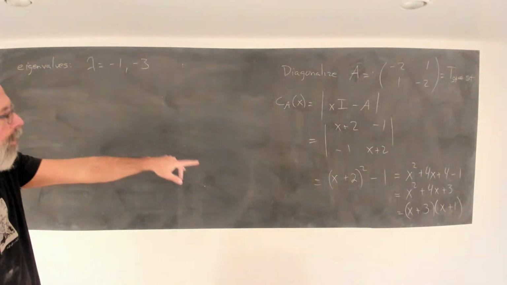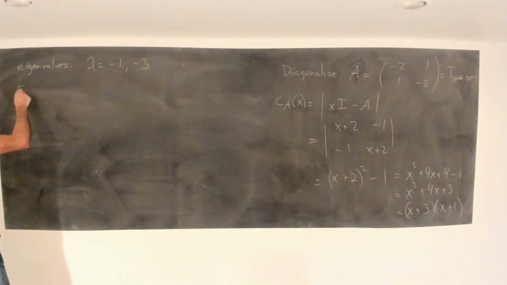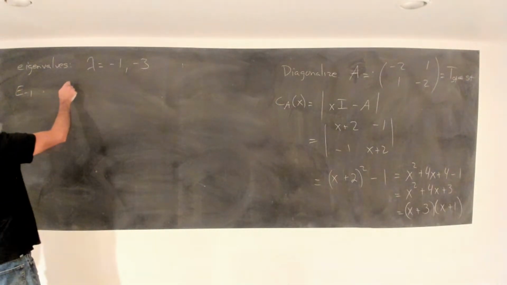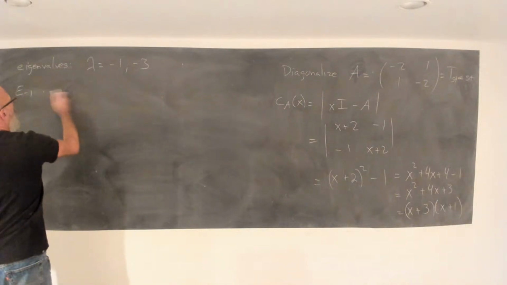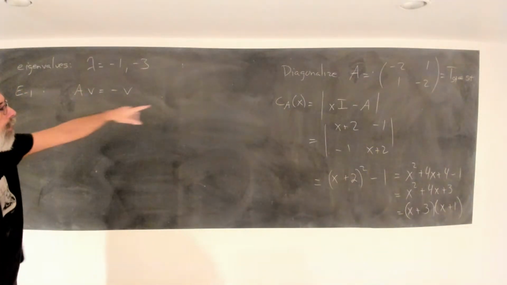-1 and -3. And let's work out the eigenspace associated to -1. This is Av equals -1v.